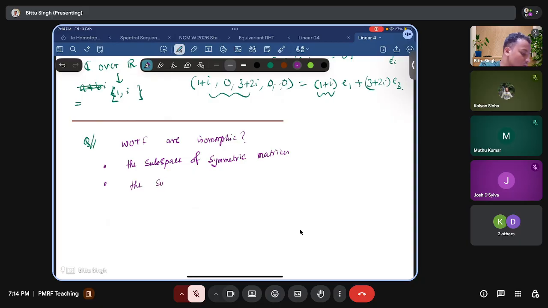The subspace of skew symmetric matrices. So here the main vector space V is MnR, that is the set of all matrices whose components are real numbers.